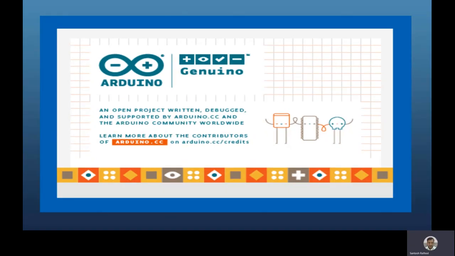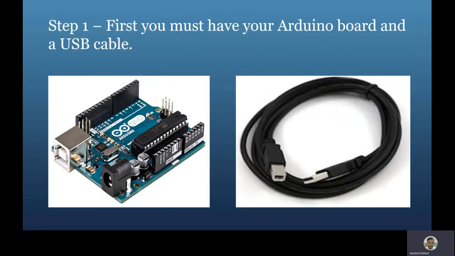For this, we will be going through the detailed installation steps of the Arduino IDE. First we will go through the downloading process of the Arduino IDE and the initial requirements of this IDE. To install the Arduino IDE and to work on it, we need an Arduino board.